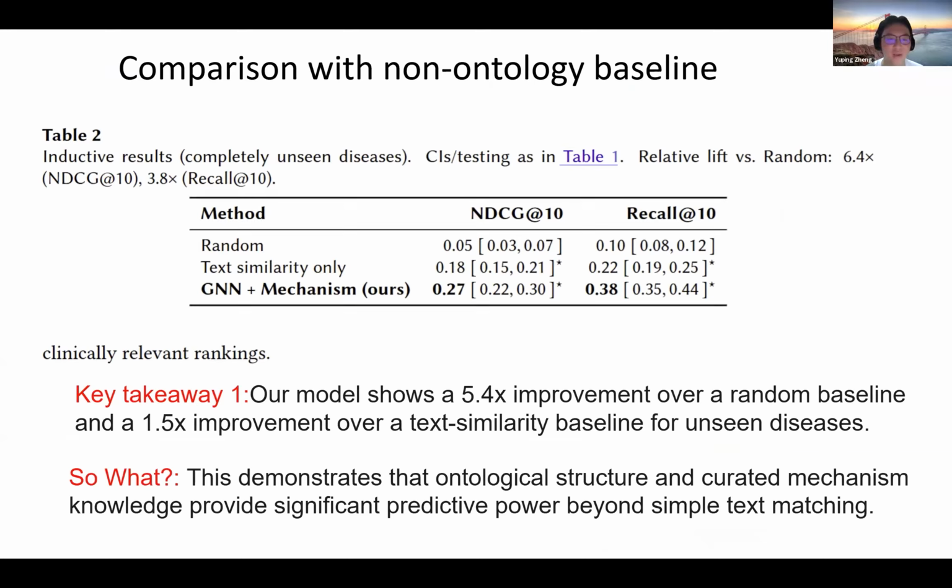The key takeaway here is that our model shows a very large improvement, 5.4 times over a random selection and 1.5 times higher over text similarity, which is a very simple variant of text mining, for unseen diseases. So what, right? This really shows that the ontological structure of the VaxJo database is really good, and the ontology structure can be used to learn a very powerful model and give very useful predictions.